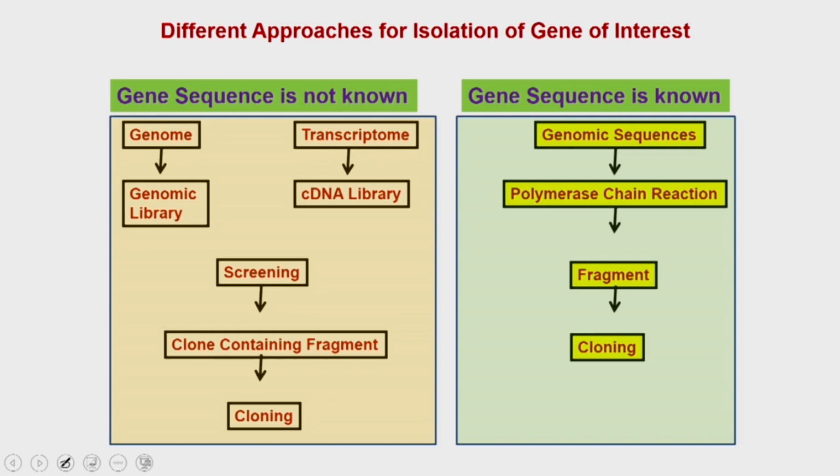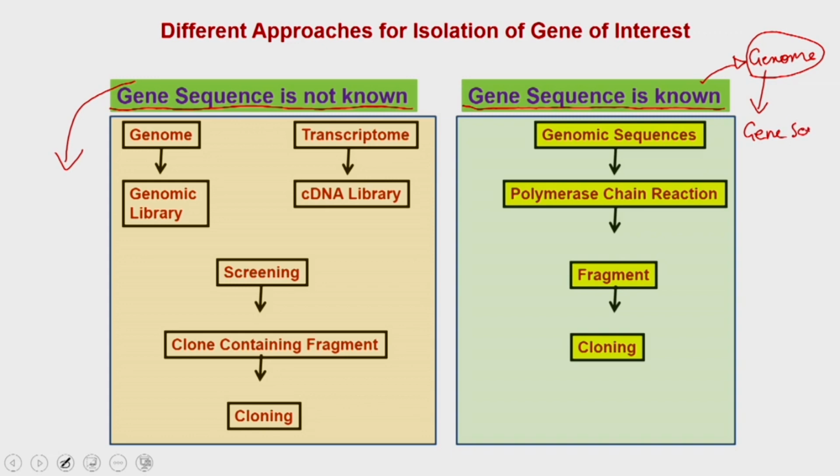In scenario number 1, you do not know the sequence of the gene you want to clone, but you know about its character. In the other scenario, the gene sequence is known, which means the genome of that particular organism has been completely sequenced, so from this genome you know the gene sequence.